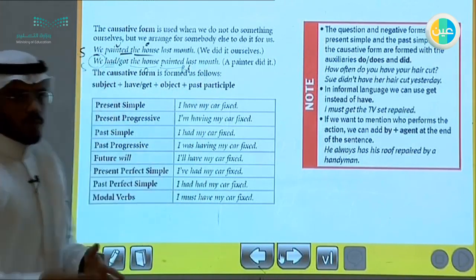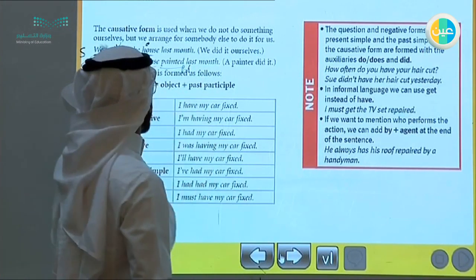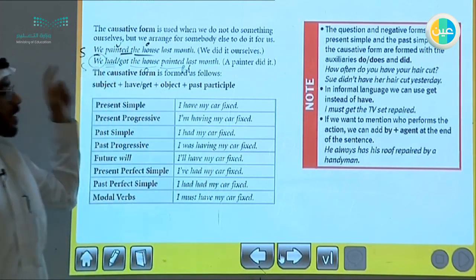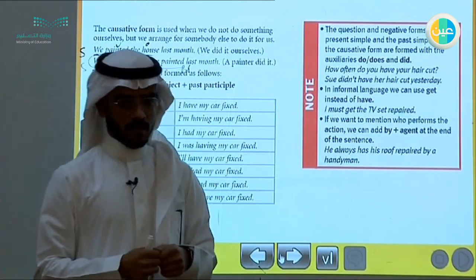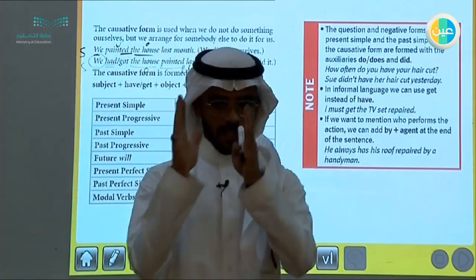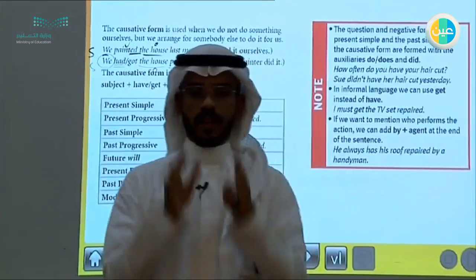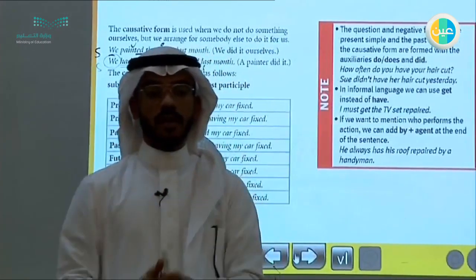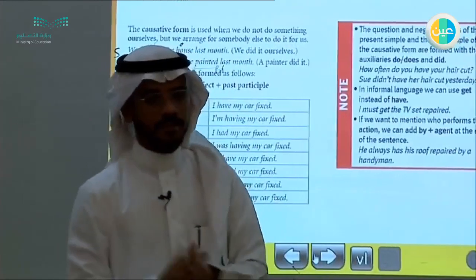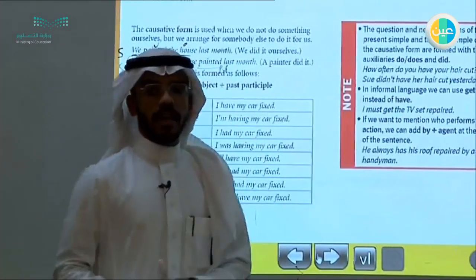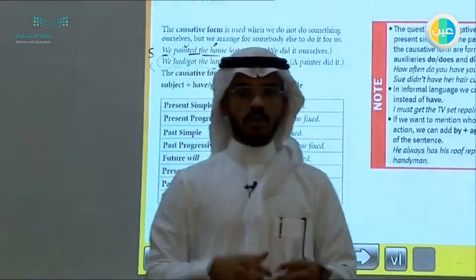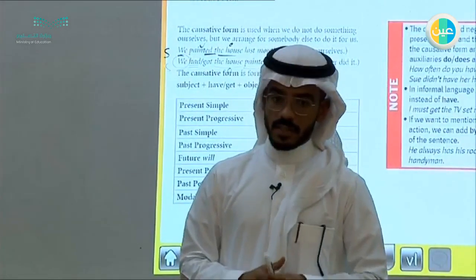So what we did, سوينا, we add the subject, and after that, when you use a causative form, have or got or get. After that, the object, and after the object, use the verb in past participle.